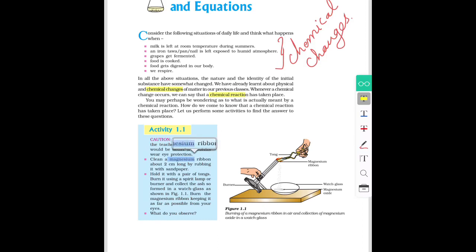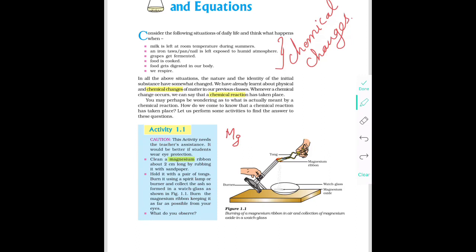We are familiar with the elements present in the periodic table, and the symbol for magnesium is Mg. We are rubbing it with sandpaper. Hold it with a pair of tongs, burn it using a spirit lamp or burner, and collect the ash so formed in a watch glass as shown in the figure.